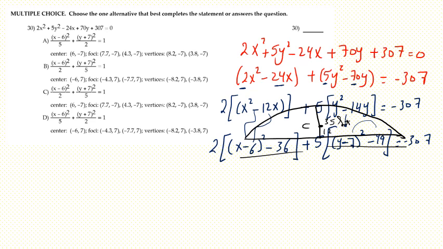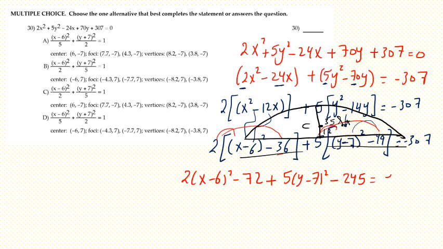Then I expand. 2 multiply this and 2 multiply that. 5 multiply this and 5 multiply that. So 2 times (x minus 6) squared minus 72 after multiplying 2 by 36, plus 5 times (y minus 7) squared, negative 5 by 49 is 245, is equal to negative 307.